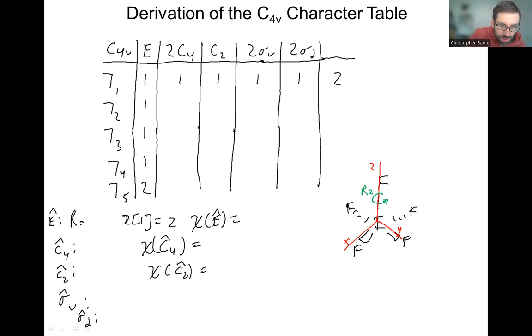And so if we do identity on anything, it stays the same. So that's going to be a 1 for the character. For C4, well, if we define this as, here I defined it as a clockwise rotation, just my habit of drawing things. Technically speaking, let me redraw this the other way. Technically speaking, it doesn't really matter for the derivation, but technically speaking, this should be a clockwise, let's see. Oh, I actually had it the right way.